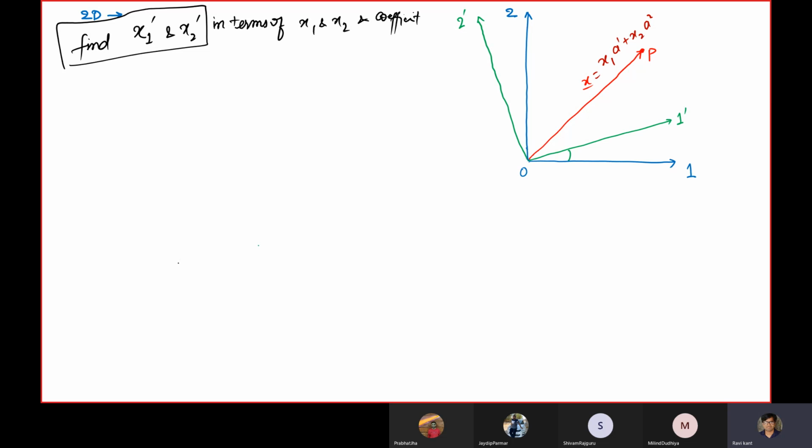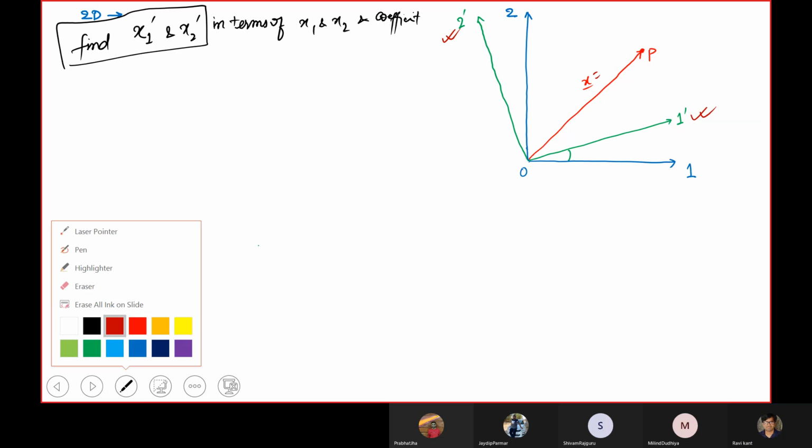Now I want to write things in the 1', 2' reference frame, and look at what this vector looks like when you see it from 1', 2'. That is my aim.